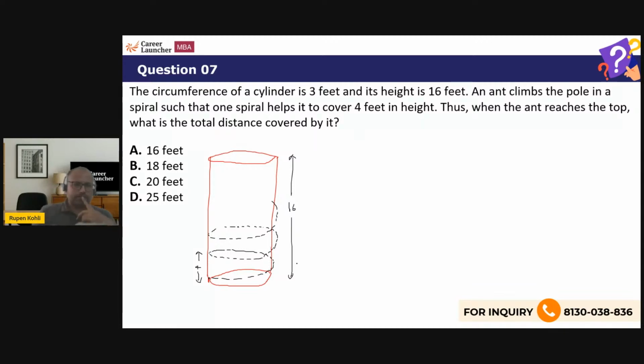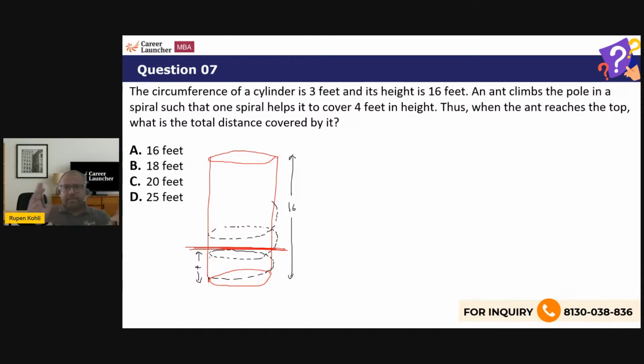Very interesting. Now you have to consider one such spiral and the distance covered by it. Just think about this as one spiral covered. Think about cutting the cylinder from the point where one spiral has been covered, right? This portion of the cylinder is 1/4 of the cylinder.